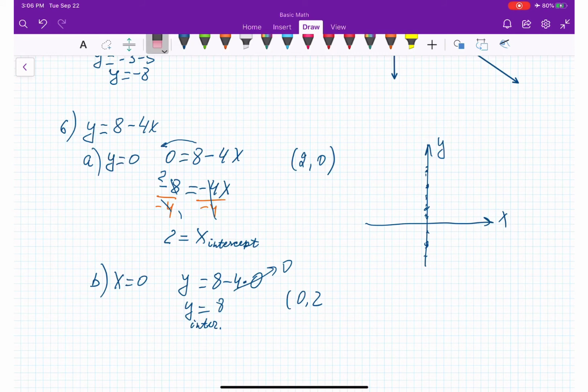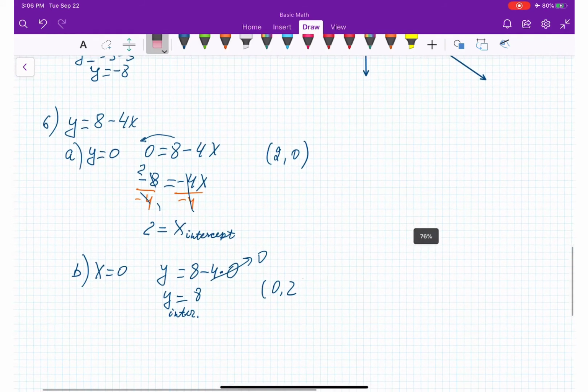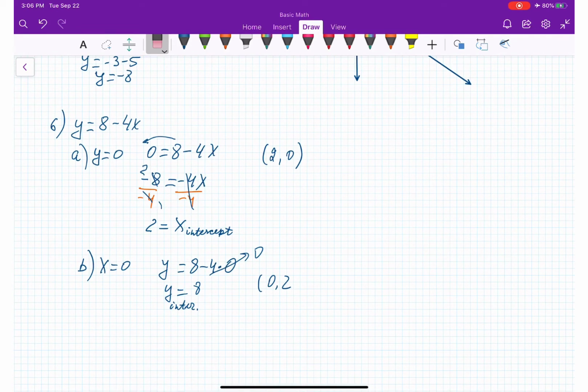Now we need to draw the graph based on these intercepts. Let's see. First one, and the second one. Okay, 1, 2. 1, 2.